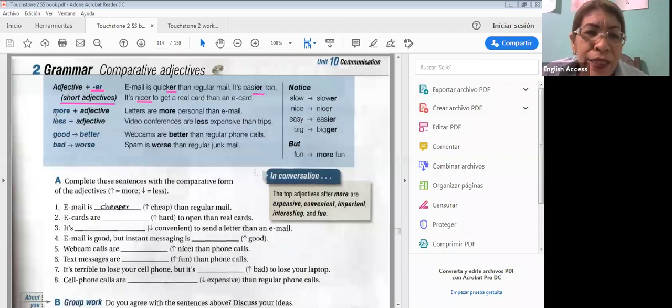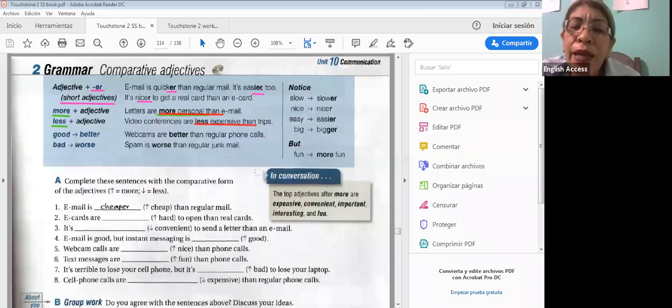With long adjectives, we use the word more or less, and then the adjective. For example, letters are more personal than email. Video conferences are less expensive than trips.